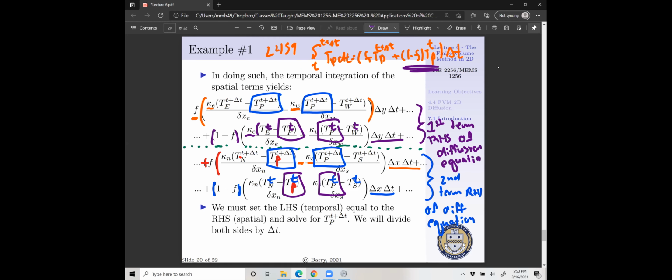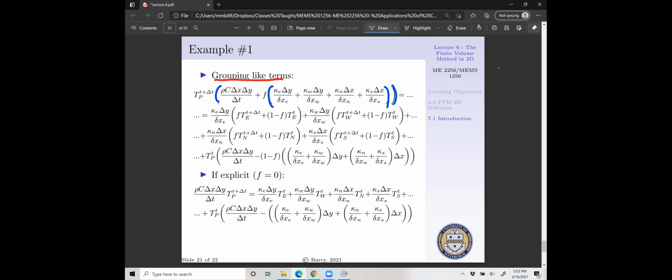Those are all from your previous iteration levels, and they're all multiplied by the quantity 1 minus f and their respective diffusivities and spacings. So we can come down here and group all these guys together. T of p, evaluated at t, you'd have rho c delta x delta y per delta t minus 1 minus f. It's going to be multiplied by this quantity. And you can go through and group those like terms.